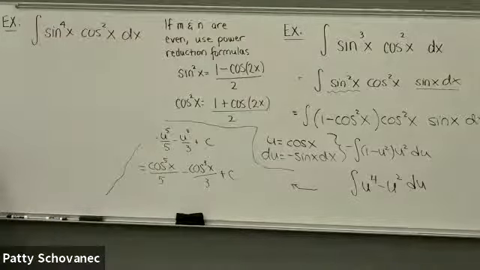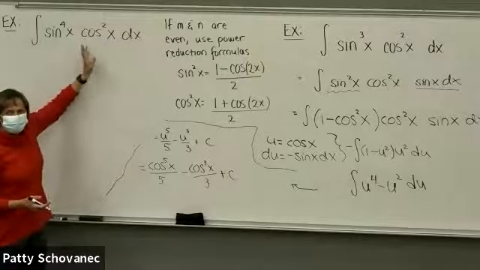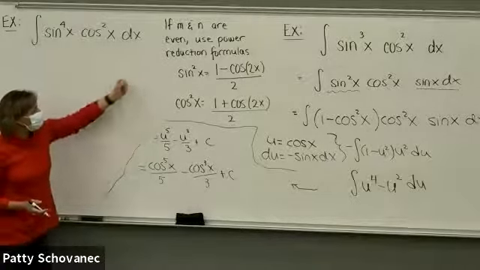So I don't have the opportunity to make it instantly a u-du integral. If I take one of the cosines out, then I have a cosine left, and I won't be able to write cosine to the first power in terms of sines. I need an even power to use the Pythagorean identity.